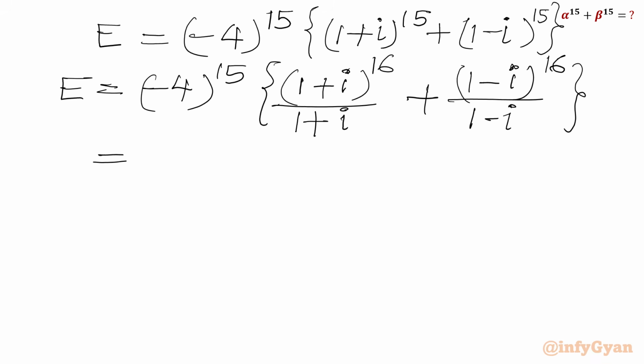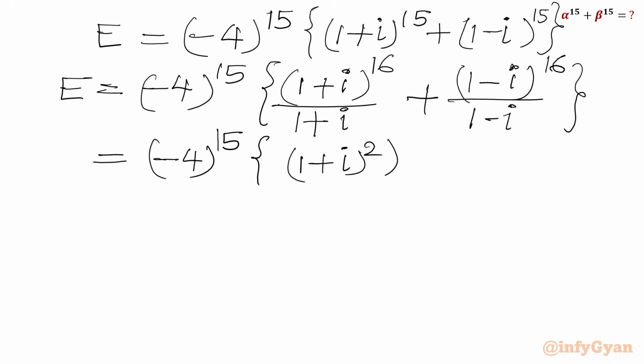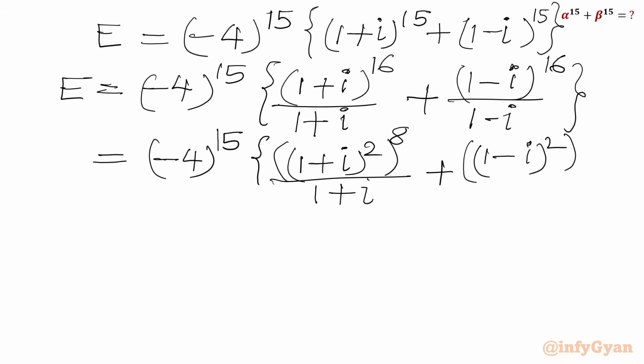In next step, we will write minus 4 whole power 15 times 1 plus i whole power 16 will be written as 1 plus i whole square and then whole power 8. Denominator is 1 plus i. Here we will be writing 1 minus i whole square and then we will put power 8. Denominator will be 1 minus i.